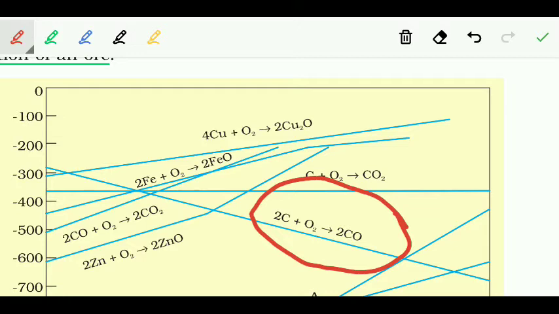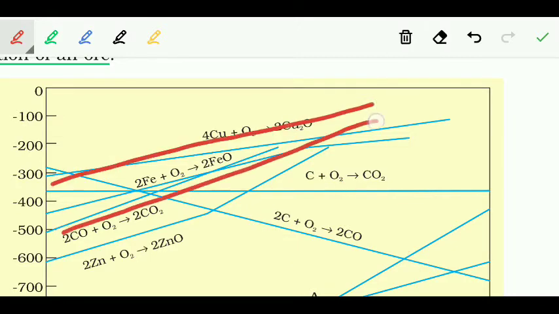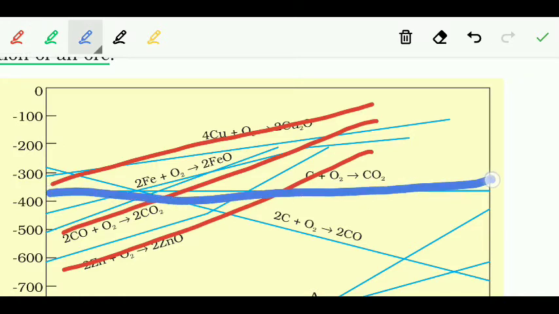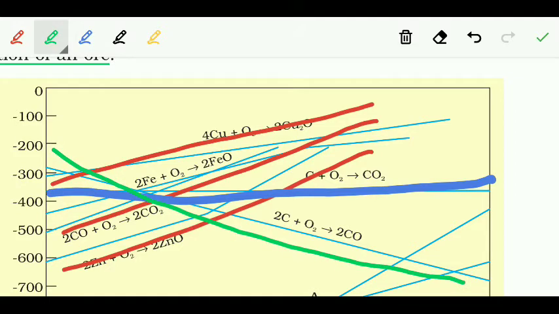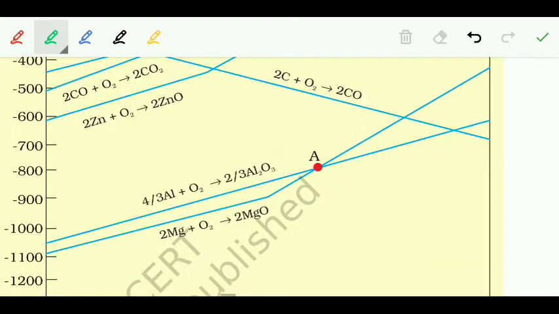The graphs of these two reactions are quite different, because almost every line goes upward, while the carbon dioxide line goes straight and the carbon monoxide line goes downwards. I will explain how it helps us, but up to now please remember the carbon dioxide line is a straight one and the carbon monoxide line is a downward one. So let's move further.